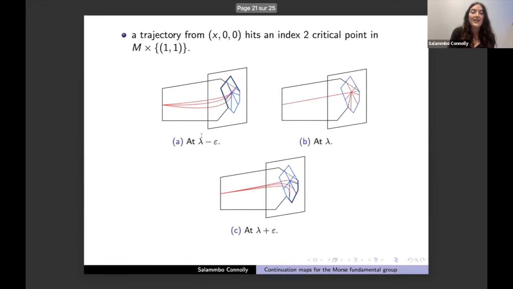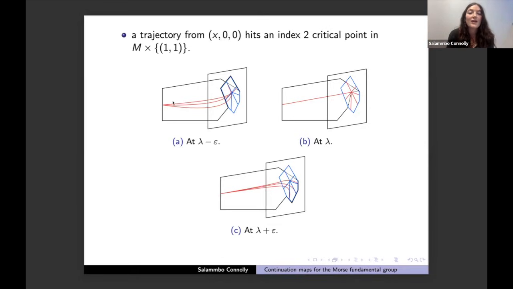One thing that can happen is that as you go from 0 to pi over 2, there's an angle lambda at which your trajectory from the critical point x0, 0 at the bottom of the square is going to hit an index 2 critical point at the top of the square.